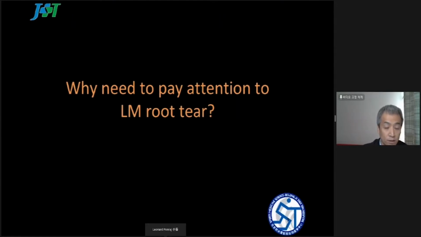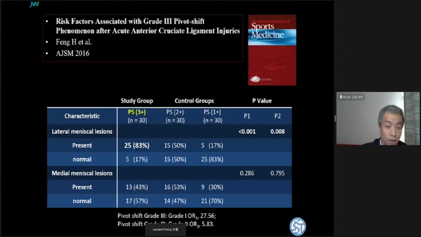So the question is why we need to pay attention to the lateral meniscus root tear. We have several studies to prove this. We compared patients after ACL injury with a high-grade pivot shift, that means a 3+ pivot shift, against 2+ and 1+ pivot shift.